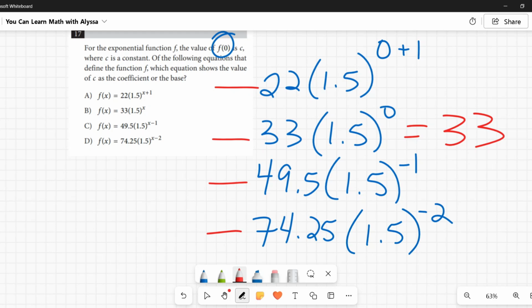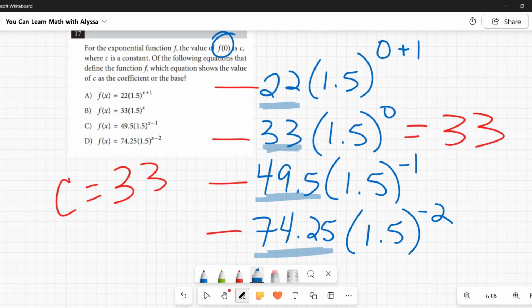So now, okay, we know c is our constant. C is 33. So what is the question? Which equation shows the value of c as the coefficient or the base? The coefficient on all of these is the number that's out here that's multiplying by the number that's going to the power.